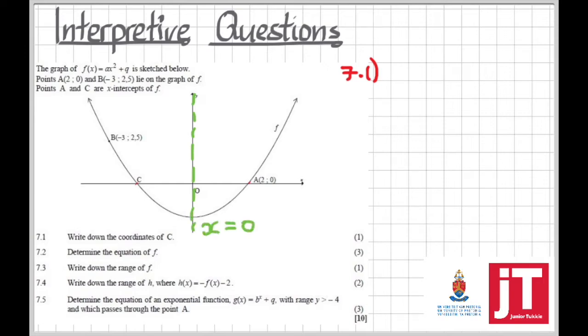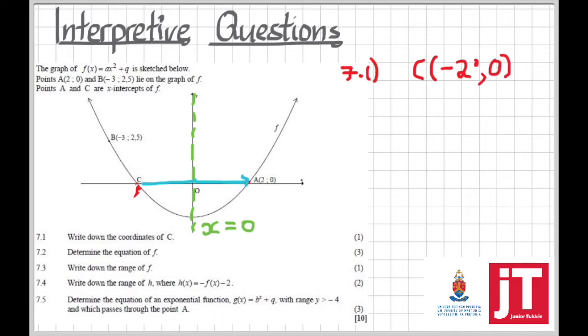If you apply your analytical skills, you know that the distance from the origin to A is equivalent to the distance from the origin to C. In other words, A is a reflection of C or vice versa. That means they have the same distance from the origin of 2 units. So the coordinates of C become (-2; 0).